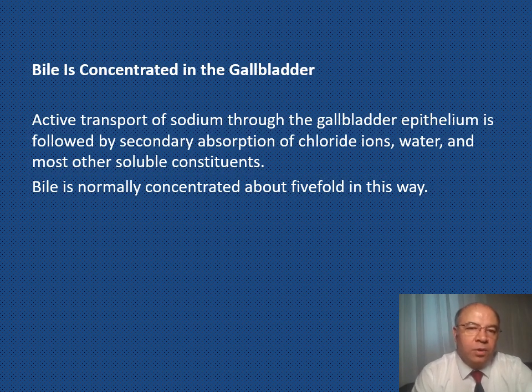So, bile is concentrated in the gallbladder. Active transport of sodium through the gallbladder epithelium is followed by secondary absorption of chloride ions, water, and most other soluble constituents. Bile is normally concentrated about fivefold in this way.